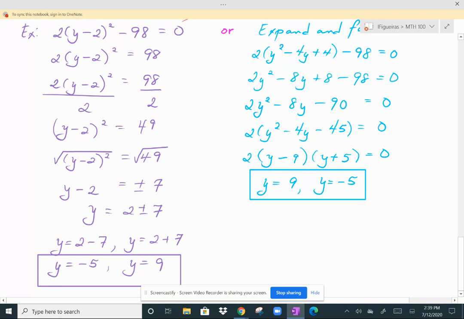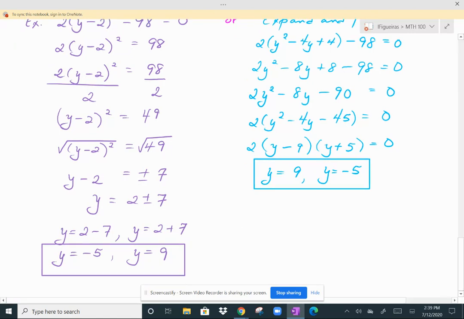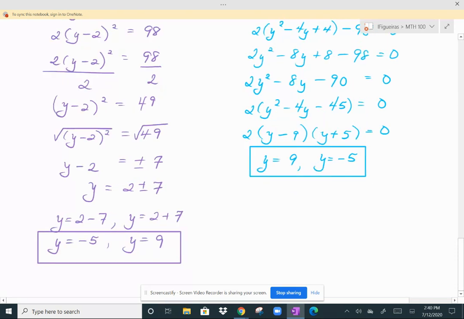So the same answers I got before with the square root method. Okay, so again, if you're not told how to solve a quadratic equation, you can try different options. But either way, you should get the same result. Okay, so that's your lesson. Give the homework a try.